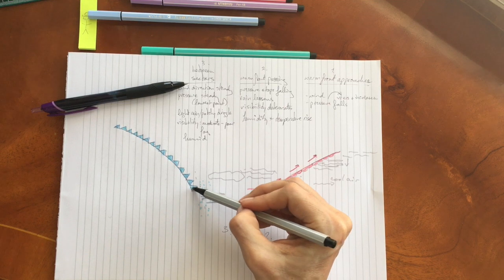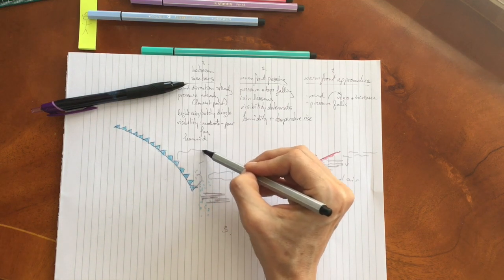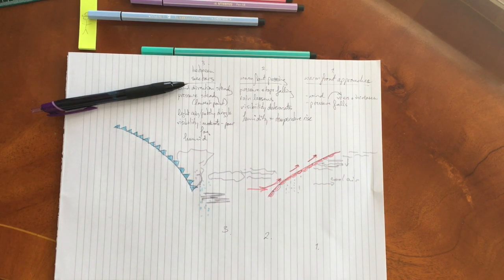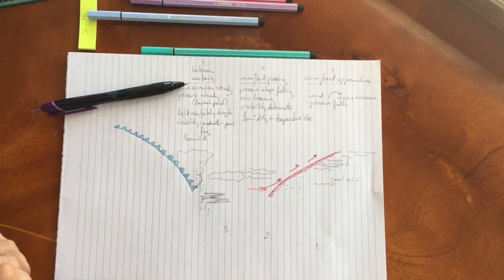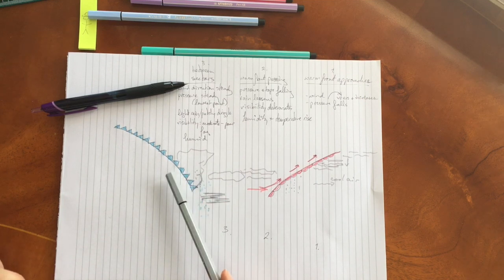So we can often get these type of nimbus clouds, and we'll get to that in a minute. So those are the nimbus clouds.